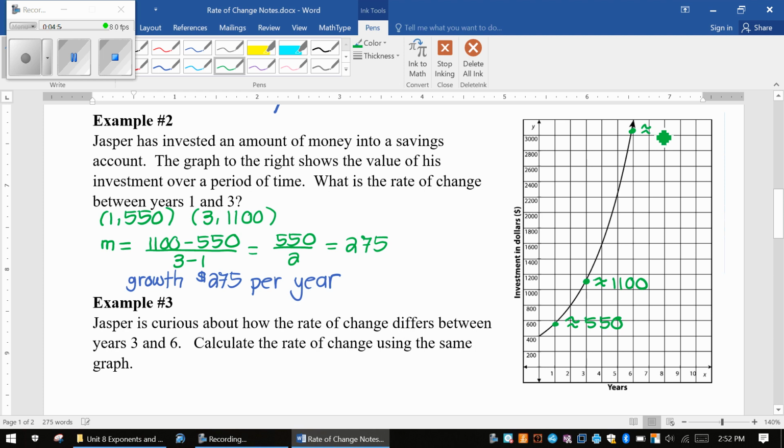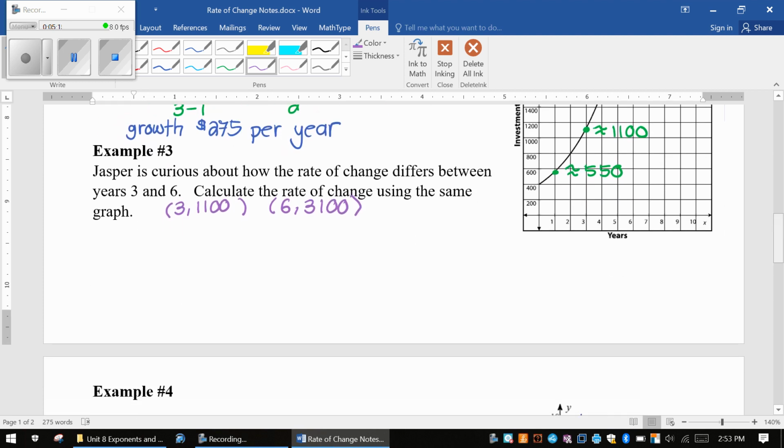So I'm going to call that approximately 3,100. So here, year 3, which we used in example 2, and then now we're looking at year 6. So go ahead and pause the video and then come back and hit play again once you've found this rate of change.